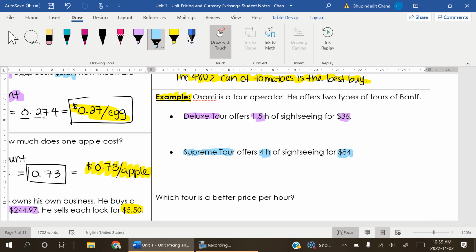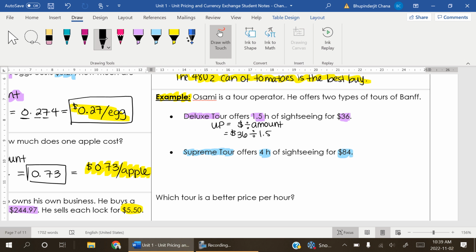We want to see which one would be the better price per hour. Okay, so for our unit price, we're going to take our money and divide it by the amount, which in this case is going to be time. We're going to go $36 divided by 1.5 hours.